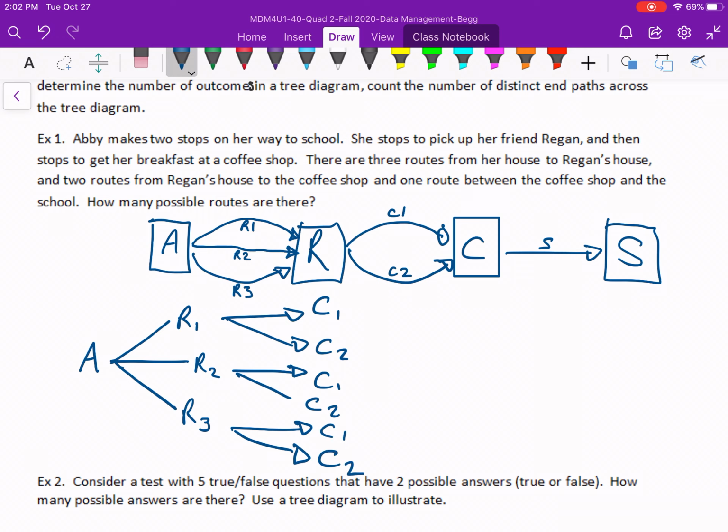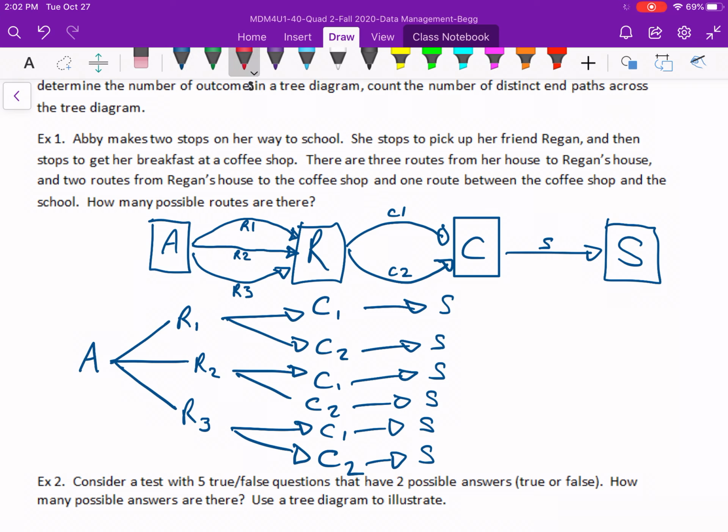And so we can already see that there's 6 different routes they could take. Then to go to school, well, there's only 1 way to get to school. So it's still a tree diagram, but there's really nothing new going on at this level. Once you're at the coffee shop, there's only 1 way to get to school. Well, I see 1, 2, 3, 4, 5, 6 different paths to get from Abby's house to Reagan's house to the coffee shop to school.